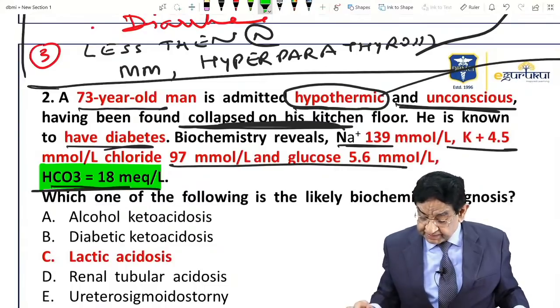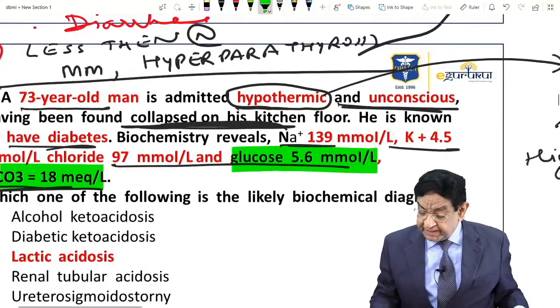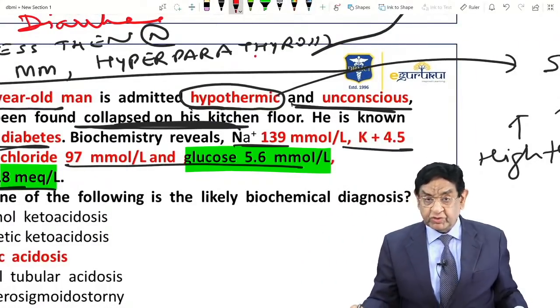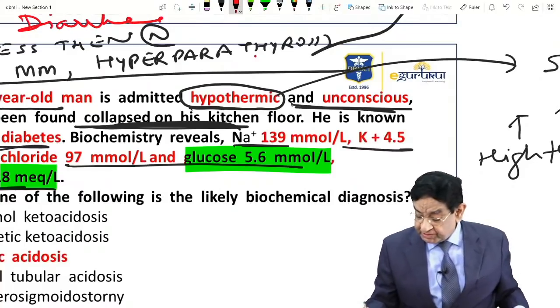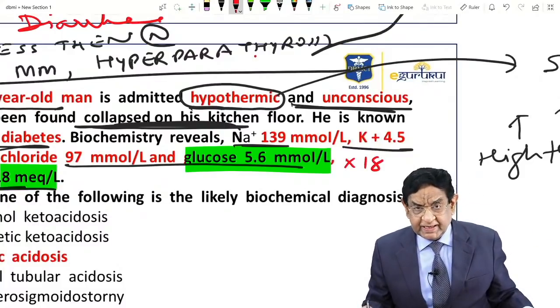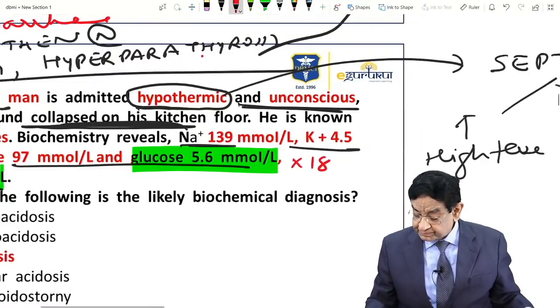Agreed? Yes. Now his glucose is 5.6 millimole per liter. If you want to convert into milligram percent, you multiply by 18. So milligram to millimole you divide by 18, and millimole to milligram you multiply by 18.